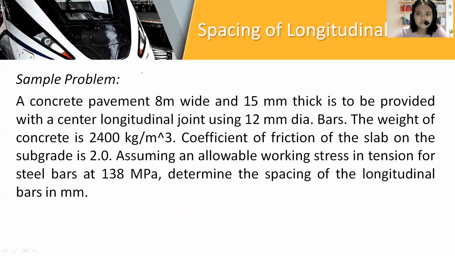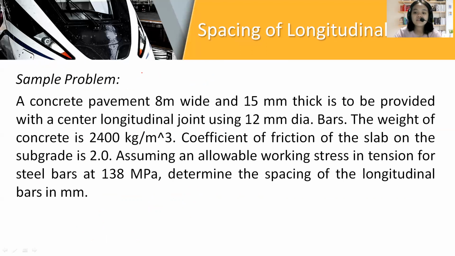Okay. So, of course, if we need a dowel, we need to know what is the spacing of our dowels. So, we have a concrete pavement 8 meters wide and 15 millimeters length, which is to be provided with a center longitudinal joint of 12 mm diameter bars. The weight of the concrete is 2,400 kg per cubic meter.